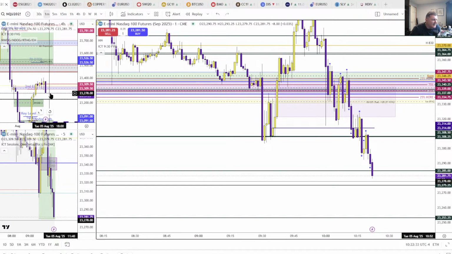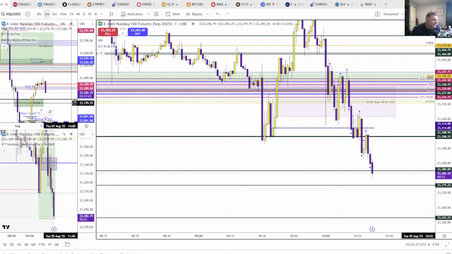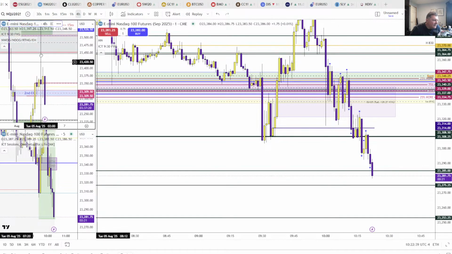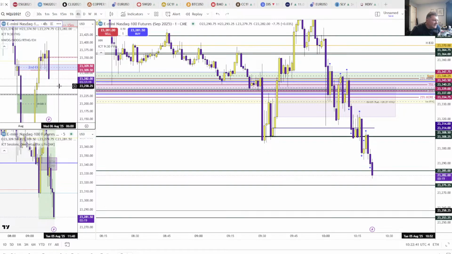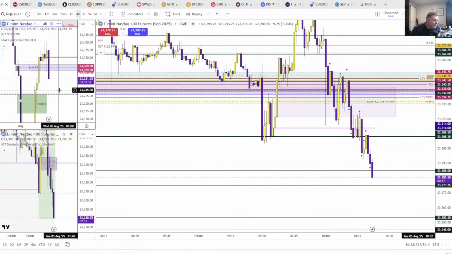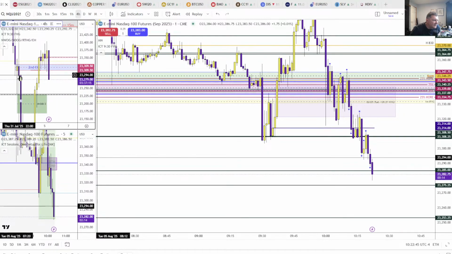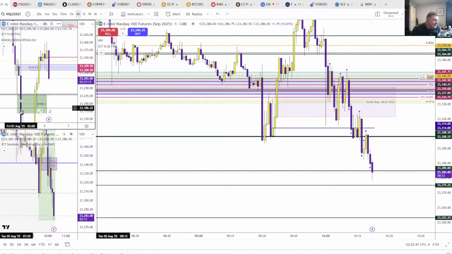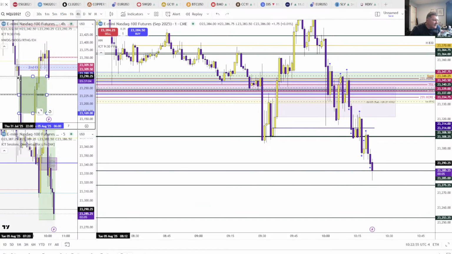Now the next downside, you want to see it get into, what have we got for our next downside there? What have you got marked off? So we're starting to get into this imbalance here again on the 4 hour, which is your CIBI. I don't know why I put it there. It's not there. It's right up to there.